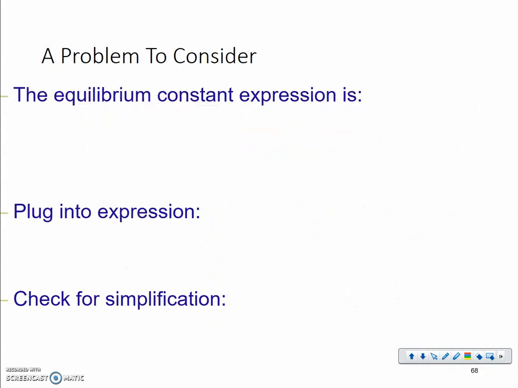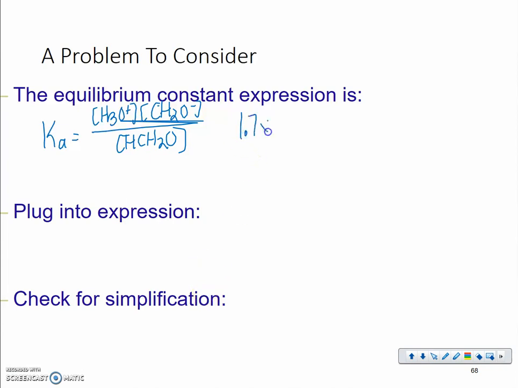So our K expression is that if we plug in all of the things we know, our Ka, our H3O plus is simply X, but our other numerator is not X. Sorry, plus X. And then our denominator.